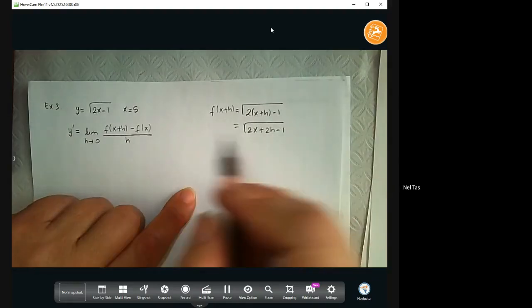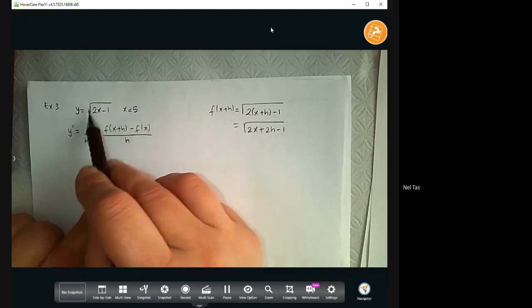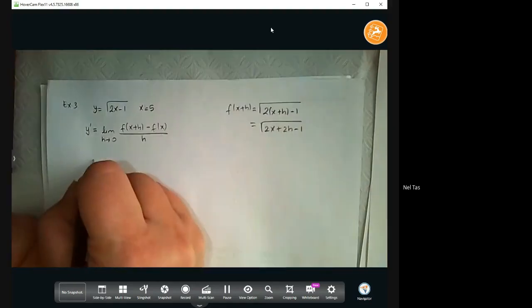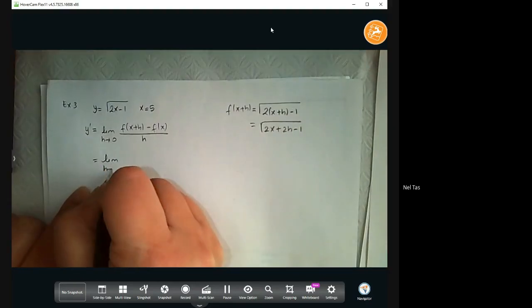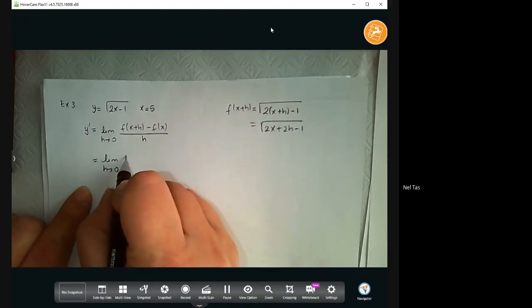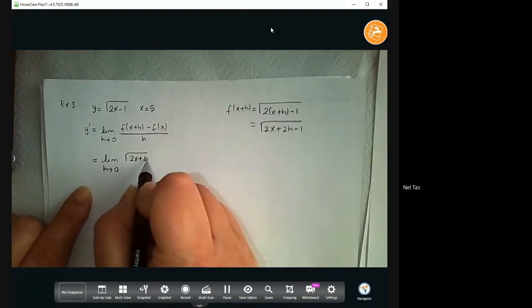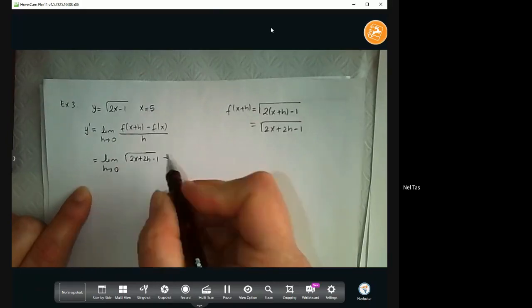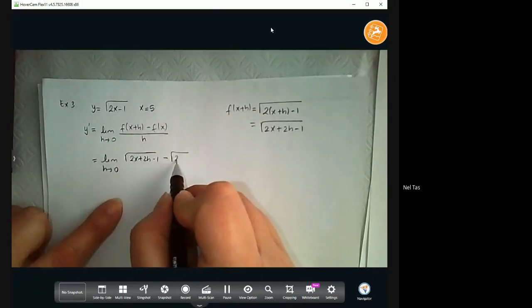And f of x is square root of 2x minus 1. So let's put it here: square root of 2x plus 2h minus 1 minus square root of 2x minus 1.